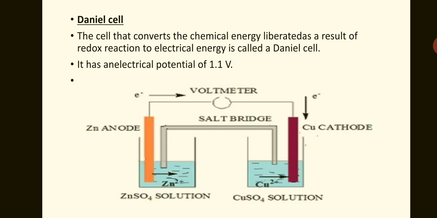You can see this is the wire by which the voltmeter is connected. The anode is connected with the cathode via the voltmeter.